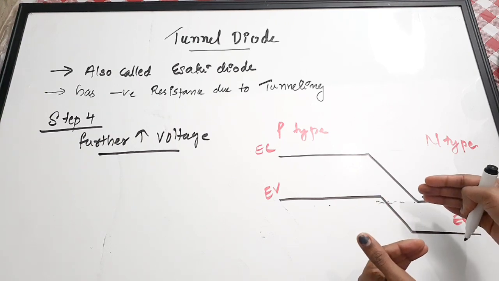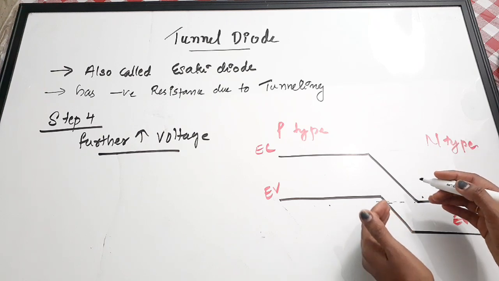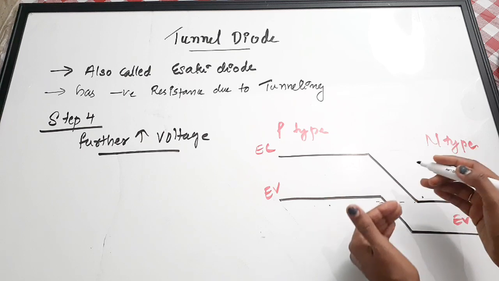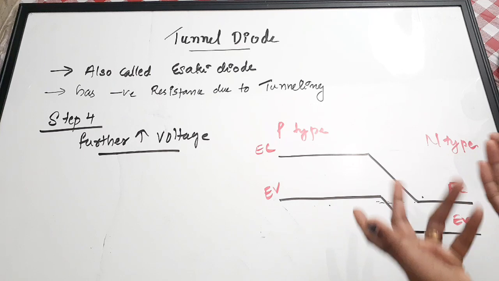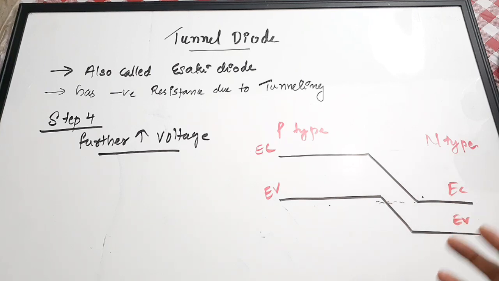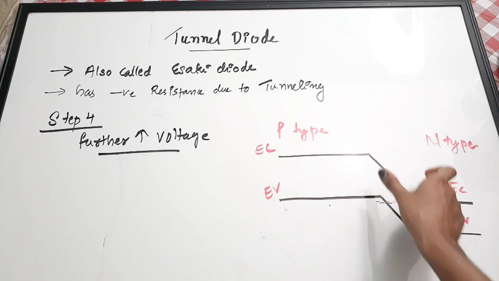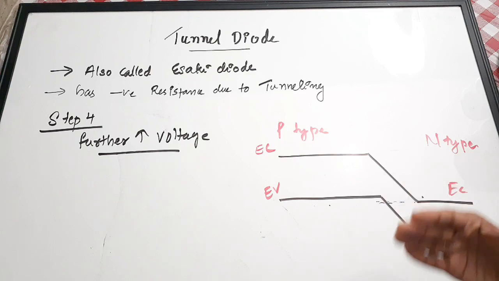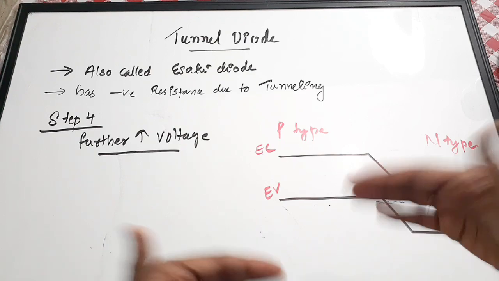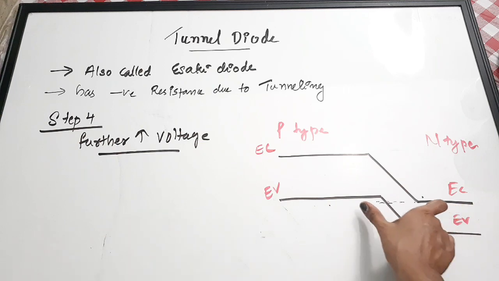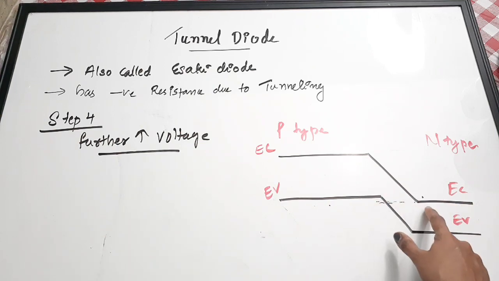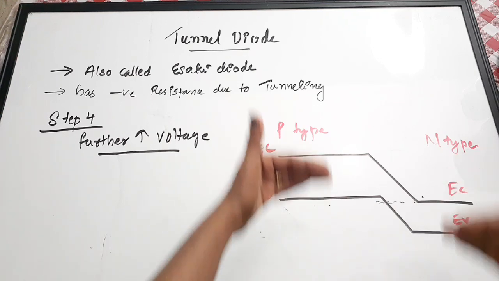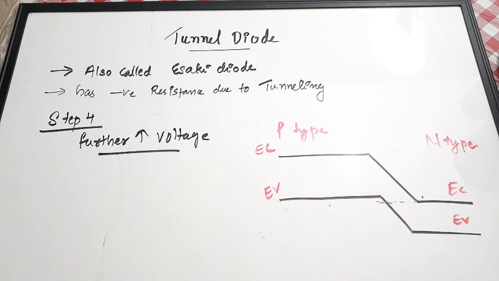But if we keep on increasing the voltage, further increase will actually misalign the valence band and the conduction band. If we increase the voltage, the conduction band will move away from the valence band. Our aim was to just align them, but further increase in voltage will misalign these two, and the conduction band will move up and the valence band will move down. So this misalignment will happen.